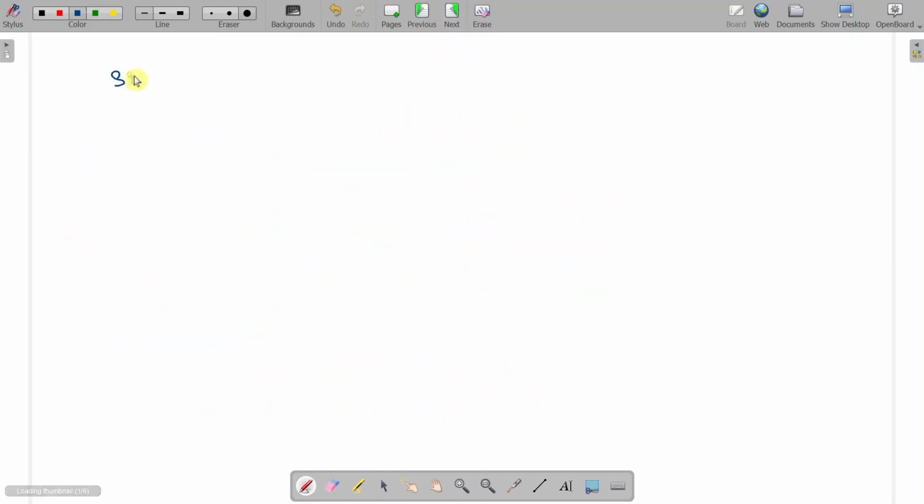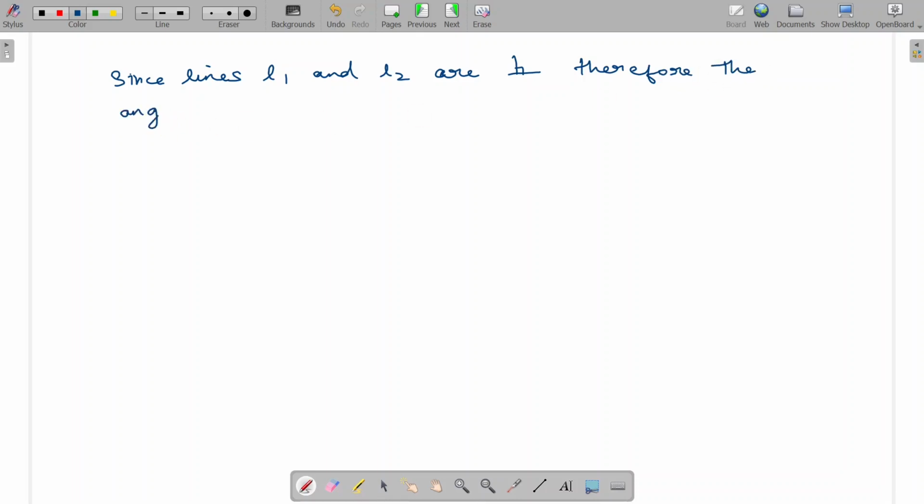So since lines L1 and L2 are perpendicular, therefore the angle theta between L1 and L2 is pi by 2, that is 90 degrees.